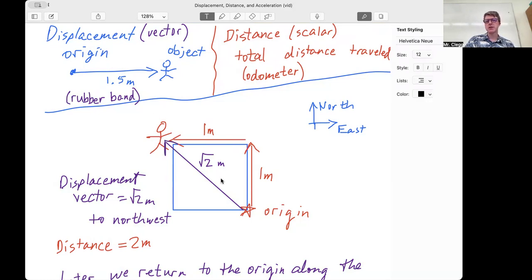When I got to this location, my displacement vector was square root of 2 meters, because it's the distance from here to here, which is the hypotenuse of this triangle. When I go back to the origin later, my displacement returns to zero. So it's just a straight line pointing the shortest distance possible from the origin to the object.